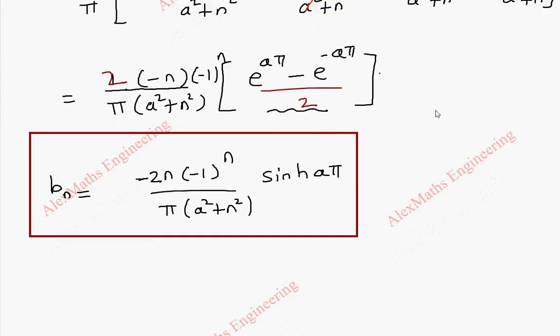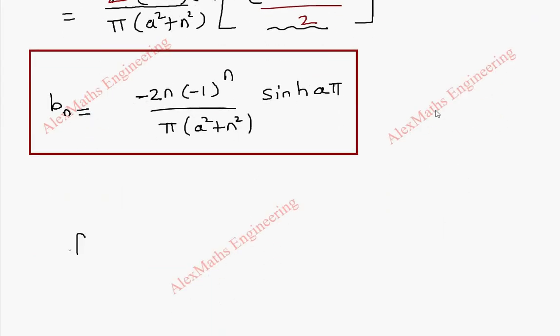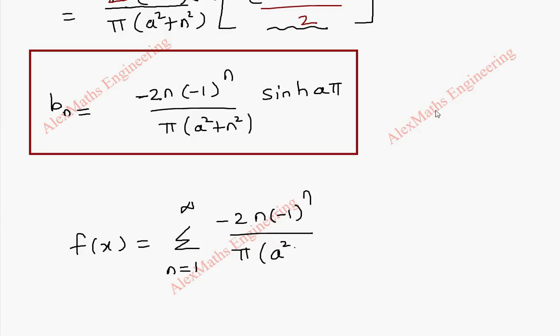Now coming to the expansion formula, f of x is equal to summation n equal to 1 to infinity bn, which is minus 2n (minus 1) whole power n by pi into (a square plus n square) into sinh a pi into sin nx.